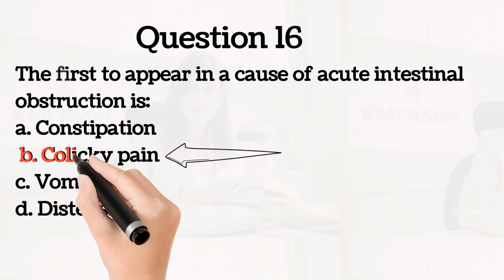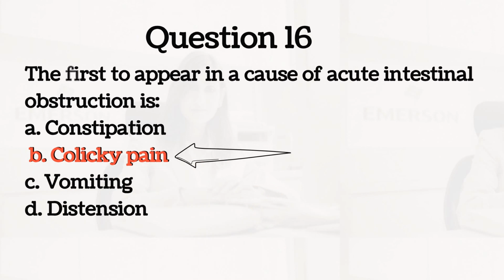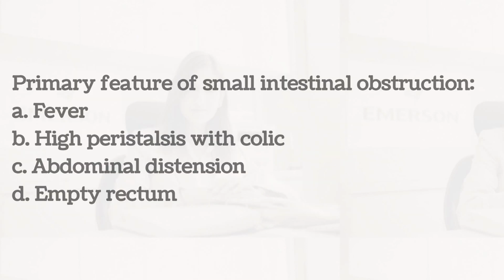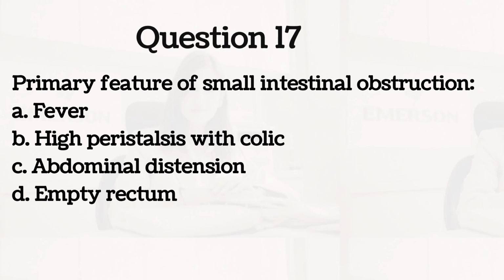Then move on to 17. Primary feature of small intestinal obstruction: A, fever; B, high peristalsis with colic; C, abdominal distension; D, empty rectum.